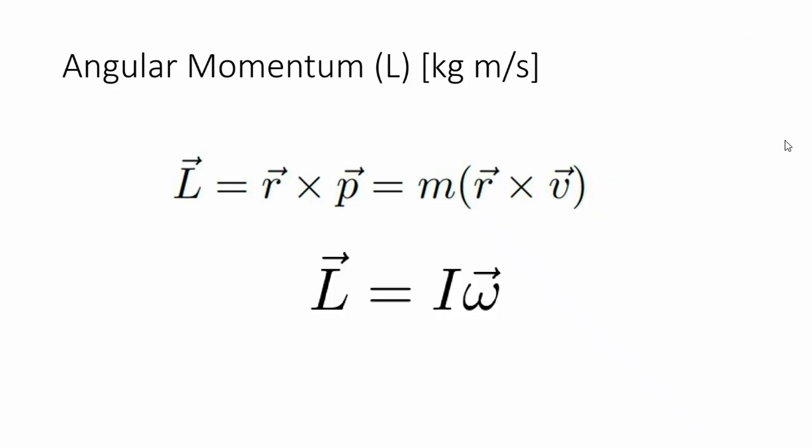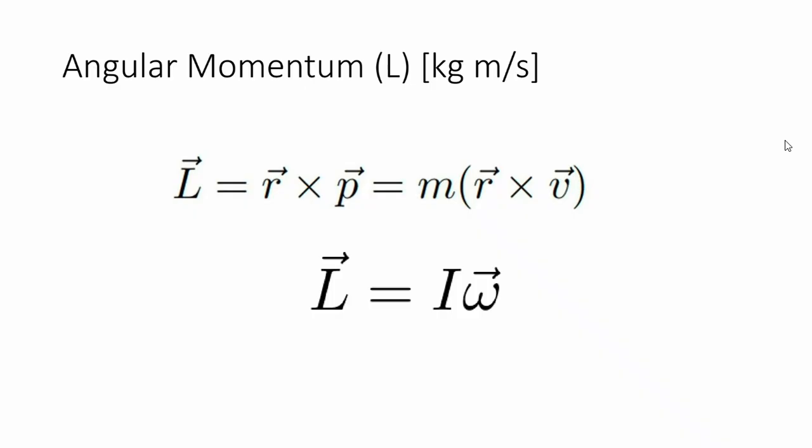We've already talked a little bit about angular momentum when we talked about Kepler's laws and Newton's reformulation of Kepler's laws. And we said that you could get angular momentum just by taking the linear momentum and multiplying it by r, like the radius of some circle.